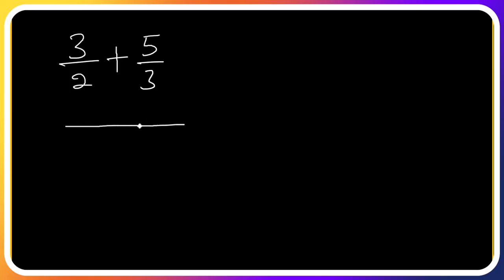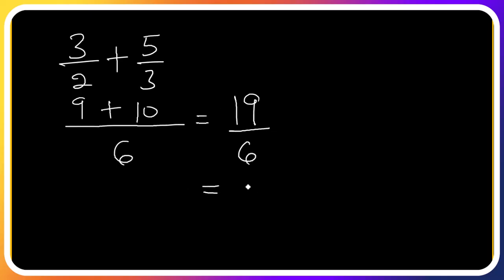We move on by finding the LCM, which is 6. 2 into 6, 3 times 3, that's 9, plus 3 into 6, 2 times 5, which is 10. So we have 19 on 6, and this could be written in a mixed fraction form, that is 3 whole number 1 on 6.